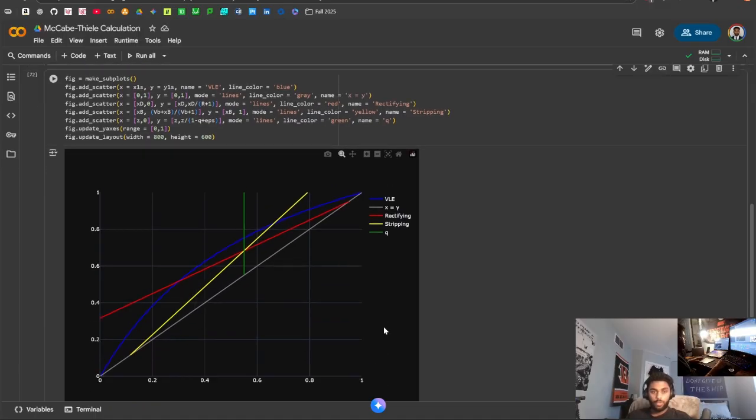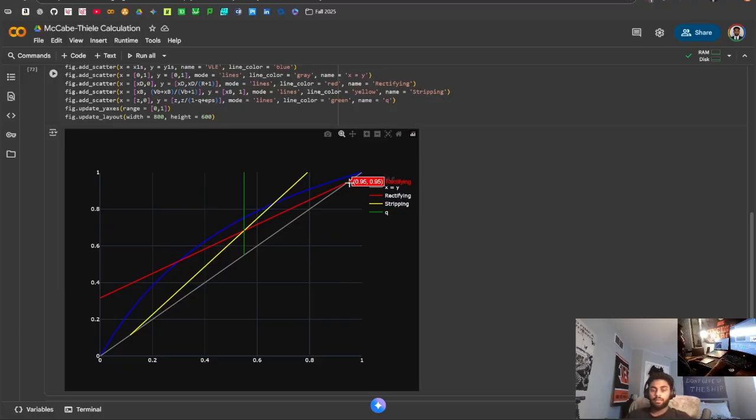The issue with that is that we start over here at our x equals y line. Our first step is going to be crossing over to our vapor liquid equilibrium line upon the same y value, upon y equals 0.95. But we do understand that our x is going to change.